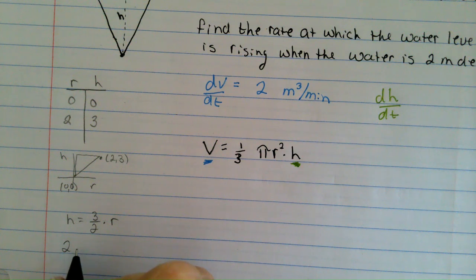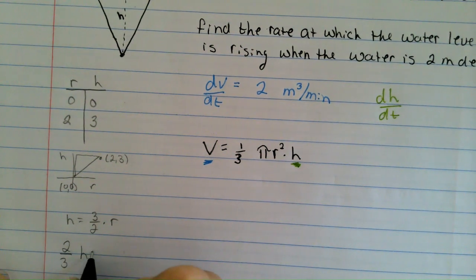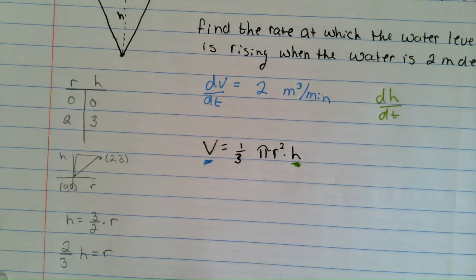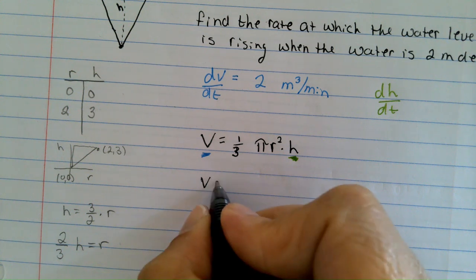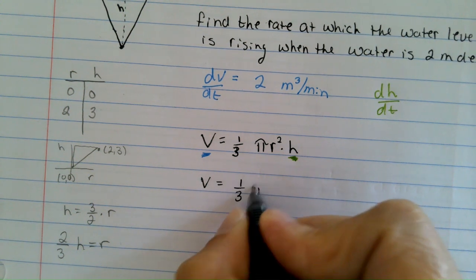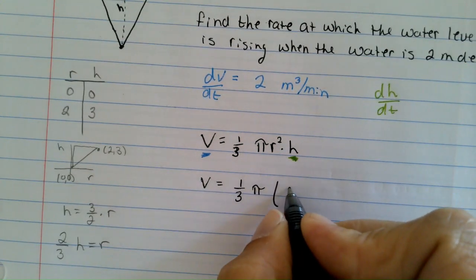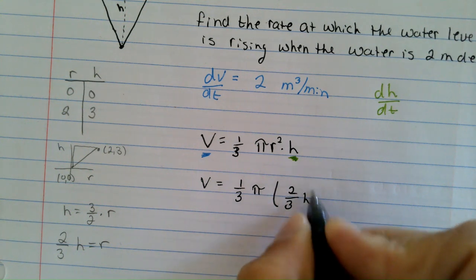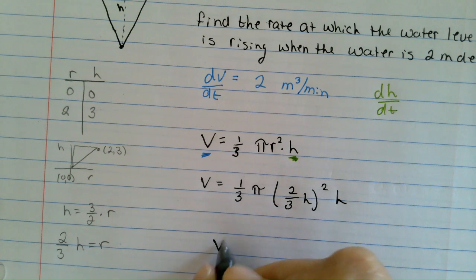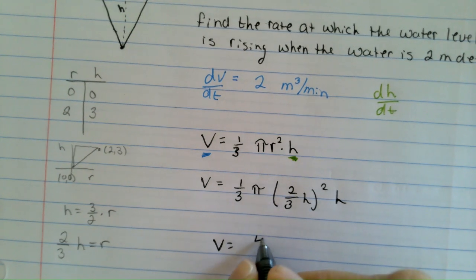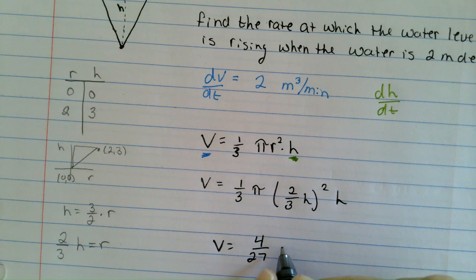So 2 over 3 h equals r. Okay, so let's take care of that first. Volume equals 1/3 pi times (2/3 h) squared times h. So that would be 4/9, so 4/27 pi h cubed.